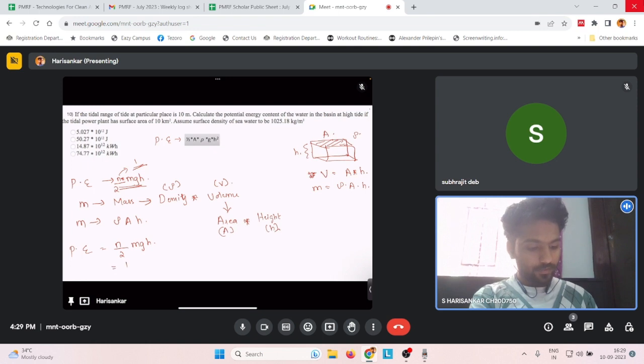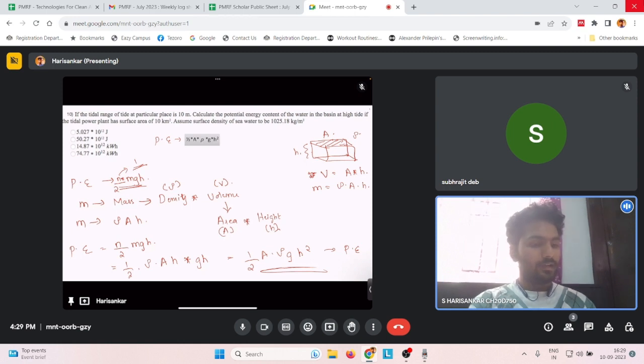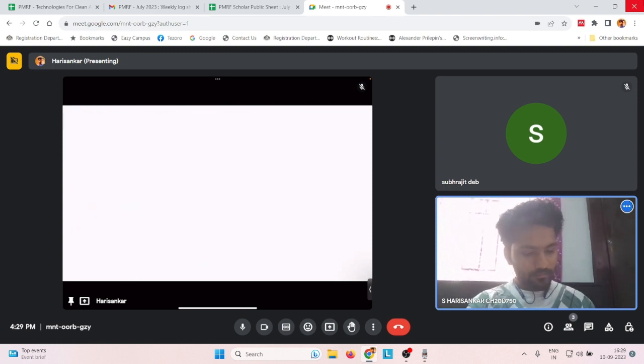Substitute it here: Pe is equal to n by 2 mgh, or 1 by 2 into rho A h into g h. This will be half rho g h square, since A is included. This is the potential energy of the water in the basin.